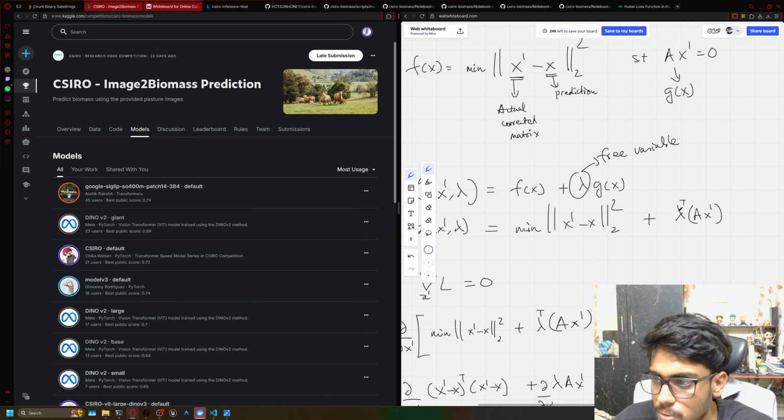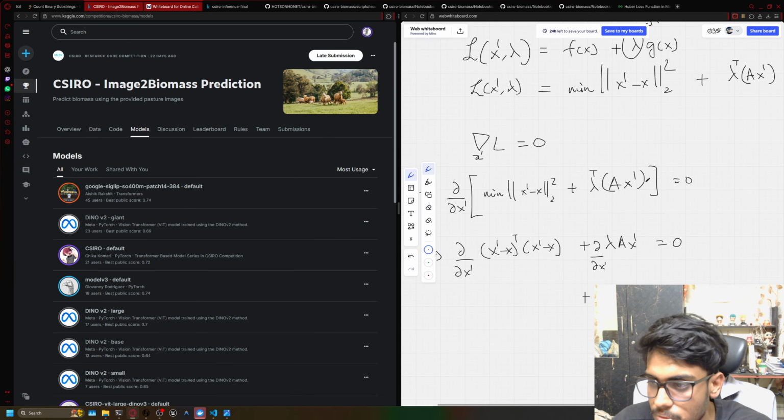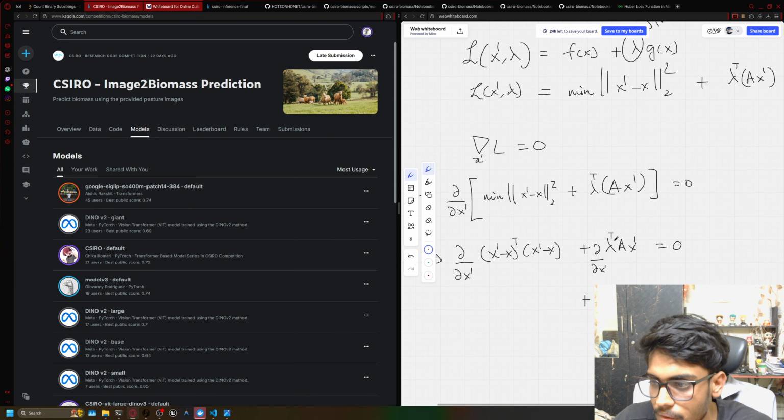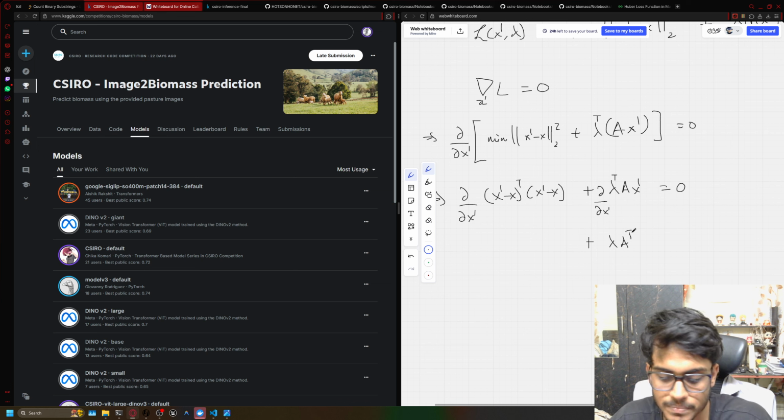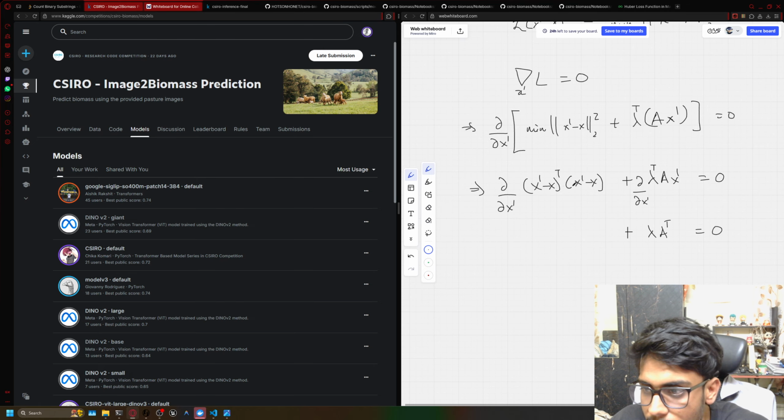So I should multiply lambda, and this should be transpose. This should result in a differentiation where I'm getting lambda A transpose, and that is equal to 0. When I'm taking the differentiation of the first term, this will turn out to be 2 times x prime minus x.